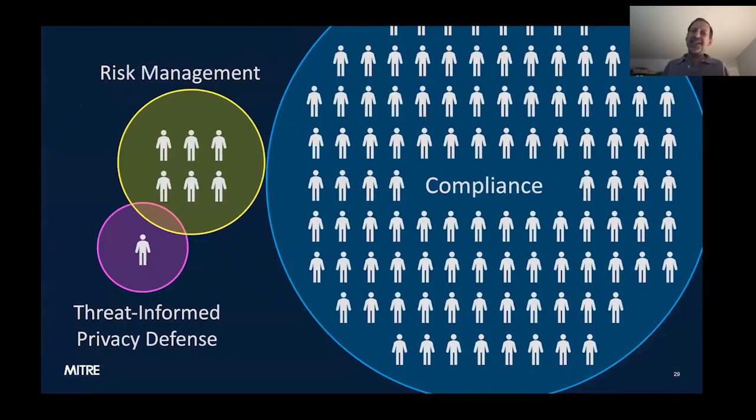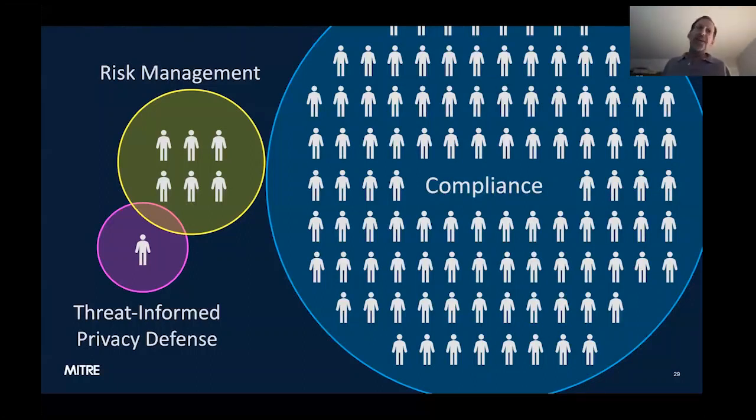At the end of the day, what we're trying to do really is move the needle from compliance to risk management to threat-informed privacy defense. In privacy, people very much tend to be compliance-oriented. They just want to make sure that they're ticking off the check boxes, following the rules.